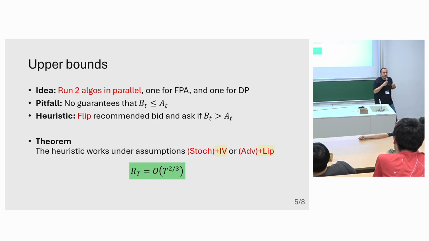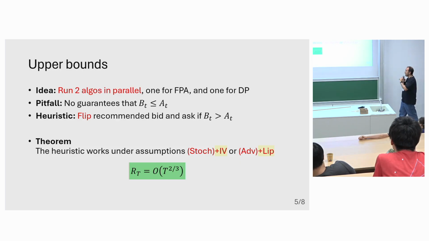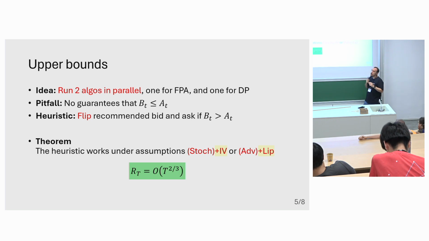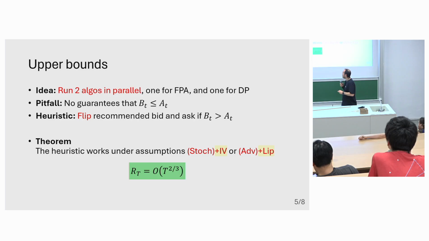In the stochastic case, we're also assuming that the valuation of the taker is independent of the market price at every time step. And in the adversarial case, we're assuming some smoothness on the distribution. We're assuming that the CDF of market values and valuation is Lipschitz. So let's accept these assumptions for now, then we will rediscuss them in a second.